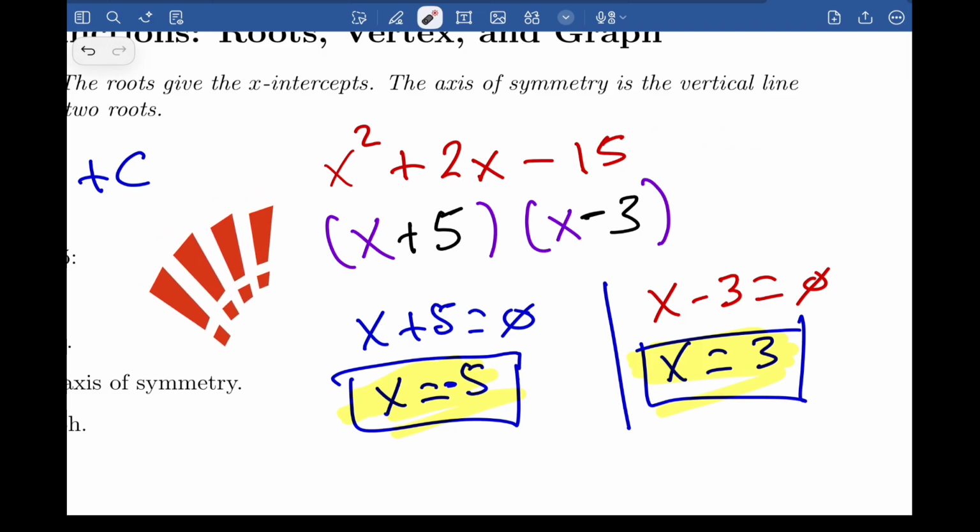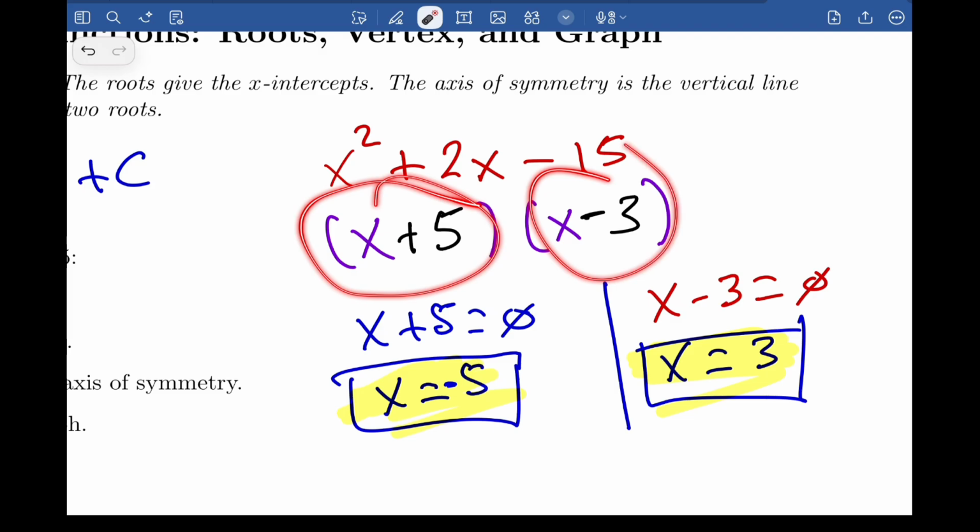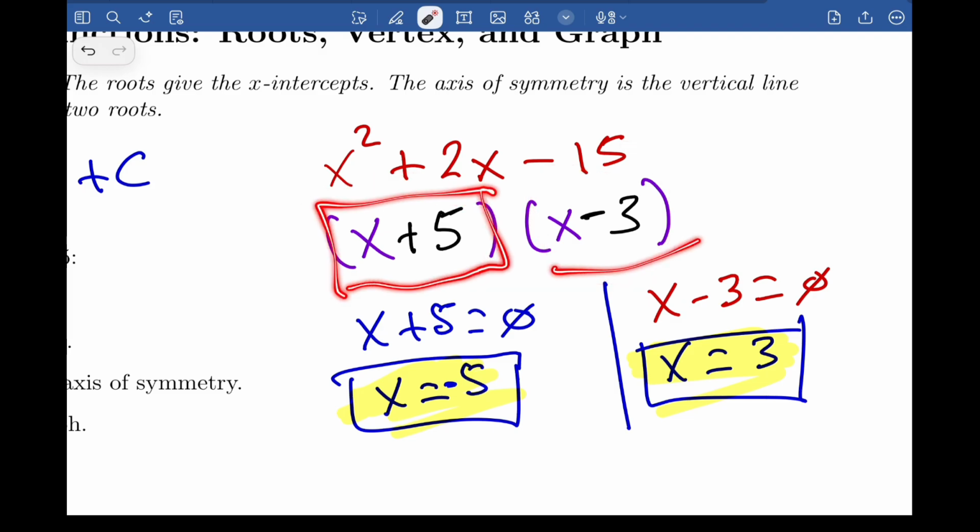Okay guys, so in this case, here we have the two factors. What we are going to do is set each factor equal to 0. This is factor 1, factor 2. So we take x plus 5 equals 0, then x minus 3 equals 0.